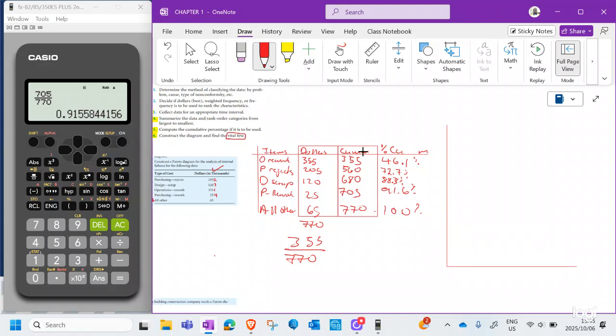Now I am going to draw this one. We need to draw our graph. It's going to be based on these two items.